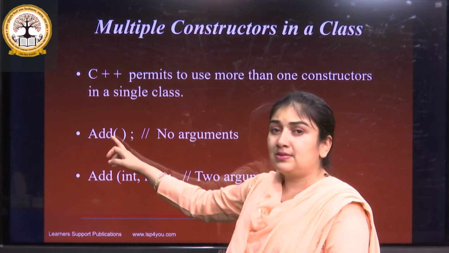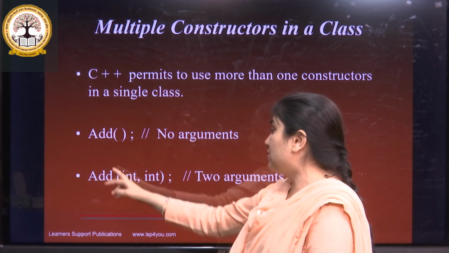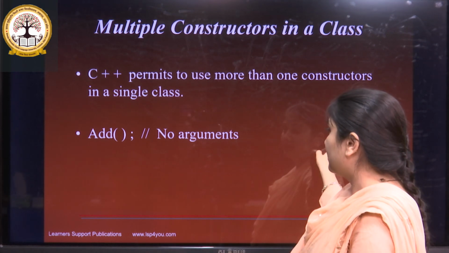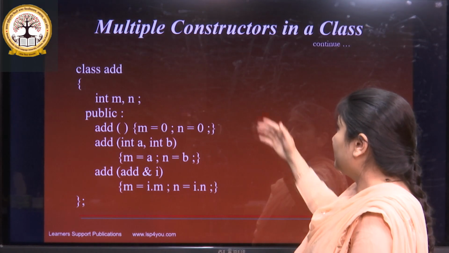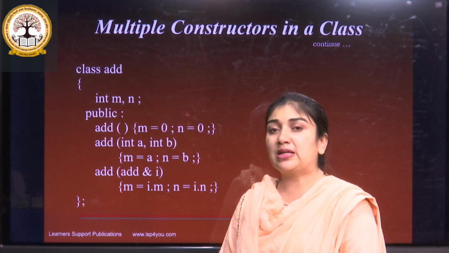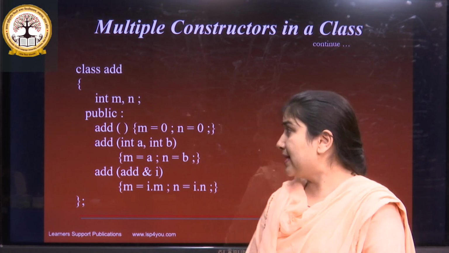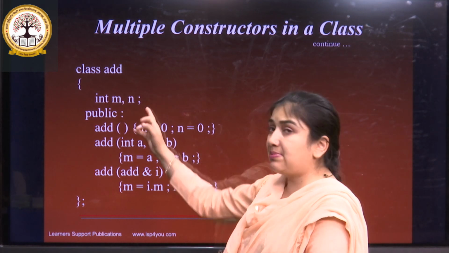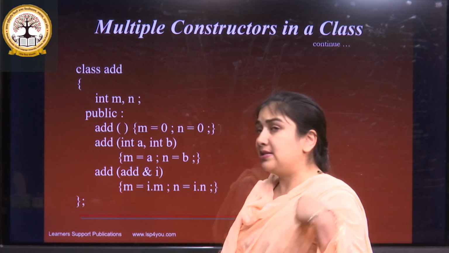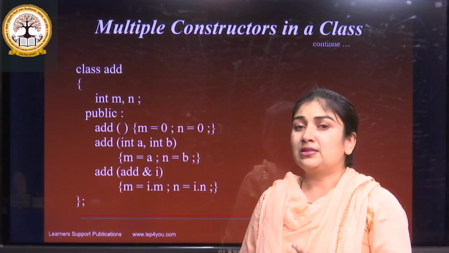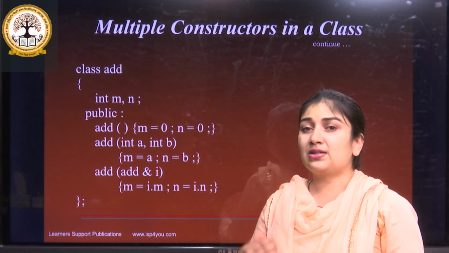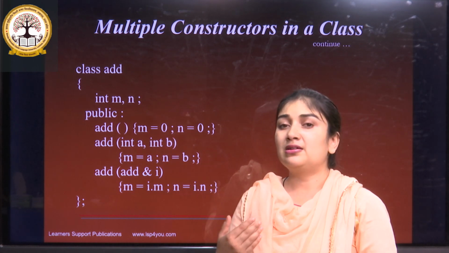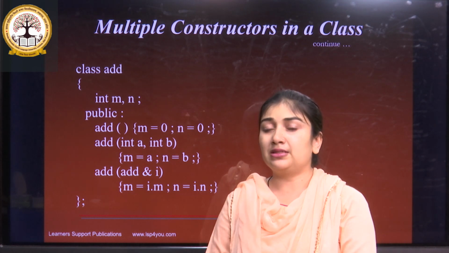Here, add is a constructor with no arguments, and here, add is a constructor with two arguments. And again, here is an example showing multiple constructors in the same class. We have made the class named add with data members m and n public, because we always have to declare the constructor inside the public section. We cannot make a constructor private or protected.